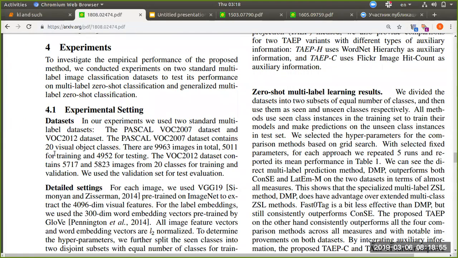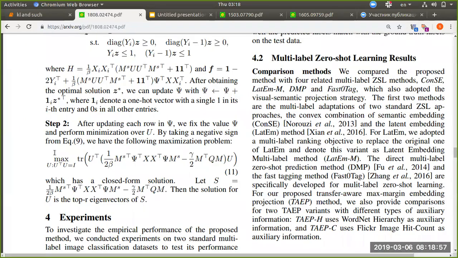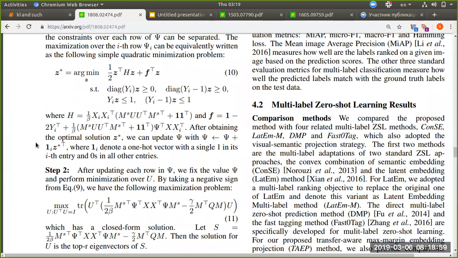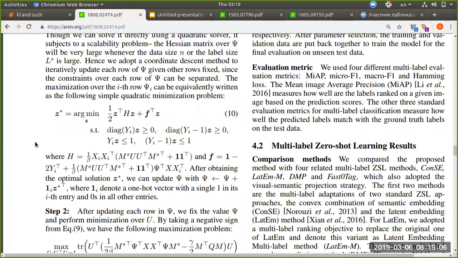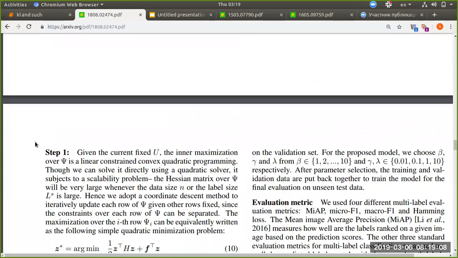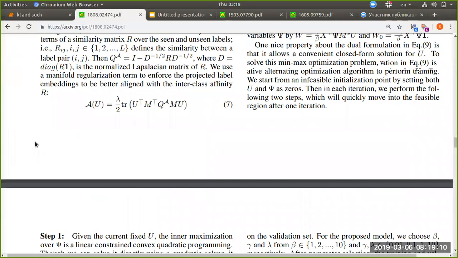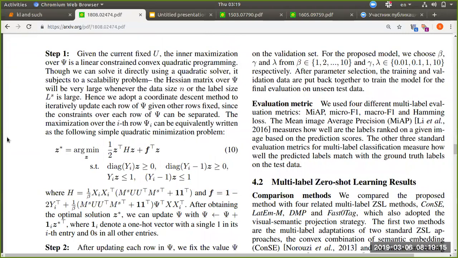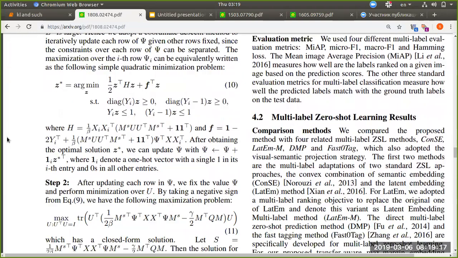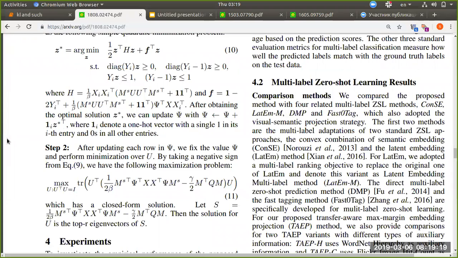In one iteration, they train this Lagrangian multiplier using this decomposed loss, and they claim that it can be directly solved, which I'm not very sure how to do. And then they also train this orthogonal matrix in the second step, and they iterate those steps.